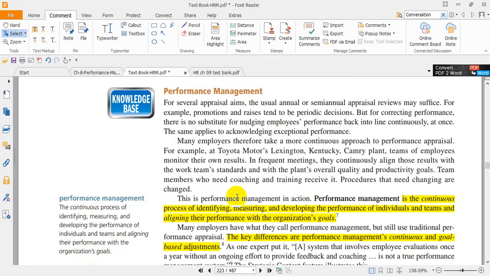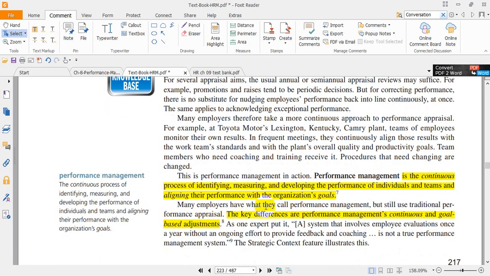This is performance management in action.